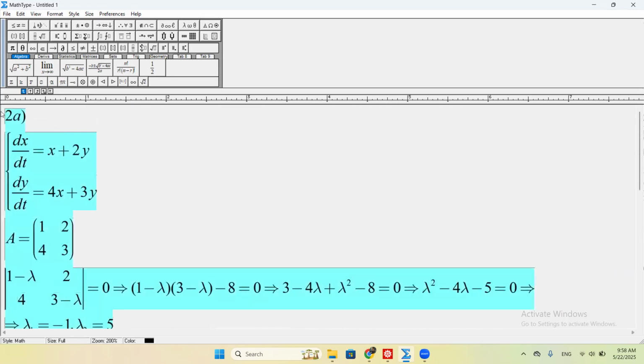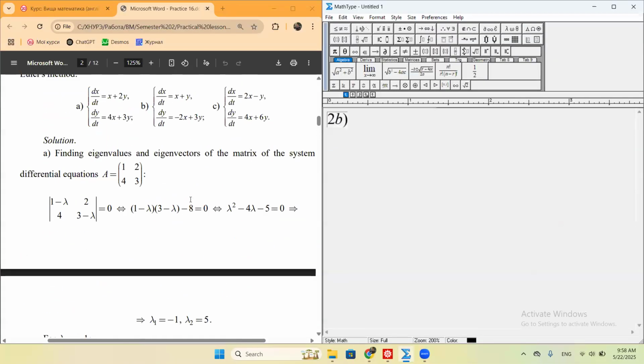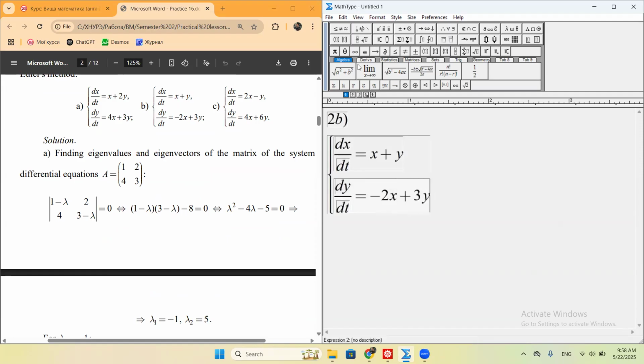Let's solve the next equation. We have 3 interesting cases in this exercise. So dx by dt equals x plus y, and dy by dt equals minus 2x plus 3y.